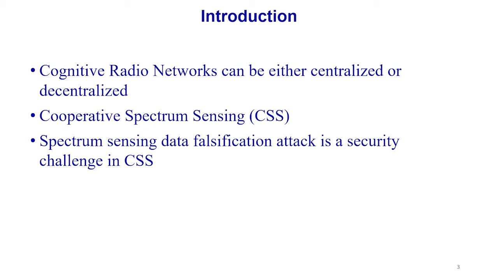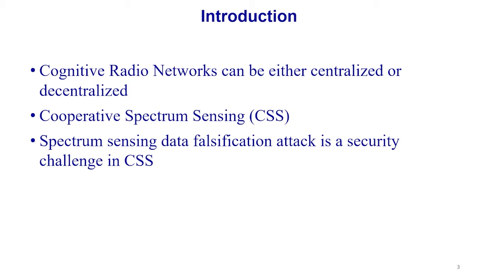After sensing, they share the information with each other, and that is known as cooperative. They cooperatively make a decision on the availability of the underutilized spectrum. In cognitive radio networks, we have two types of configurations: centralized and decentralized.